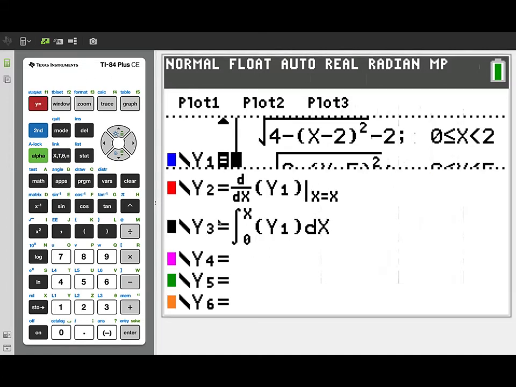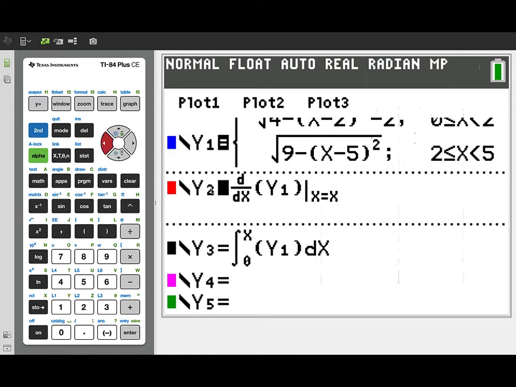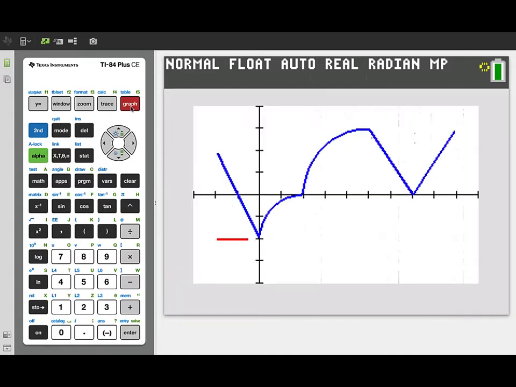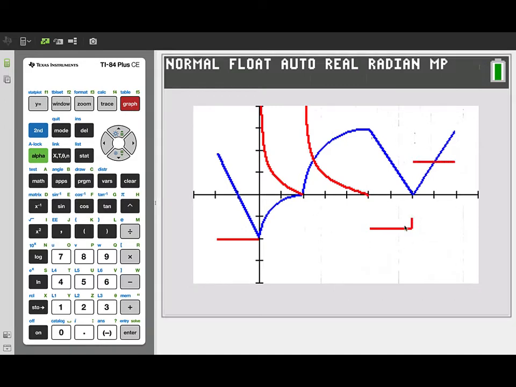And what we'll do is we've created y2, which is the derivative of our y1. And so let's turn that on, take a look at its graph, and see how our interpretation matches up. So this red graph is actually the numerical derivative of the graph in blue. And so sure enough, for that straight line segment, we're seeing a constant negative slope.